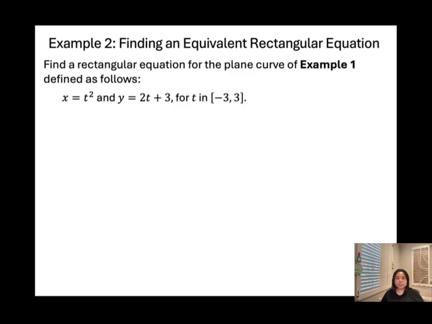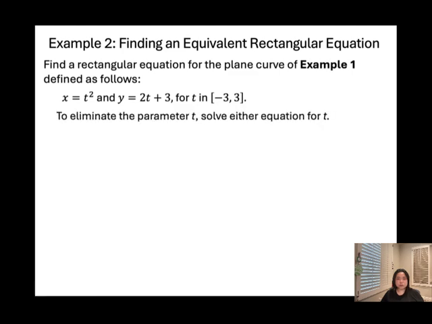Example 2. Finding an equivalent rectangular equation. Find a rectangular equation for the plane curve of example 1 defined as follows. We do have the parametric equations, and I want to get rid of t to find the rectangular equation.